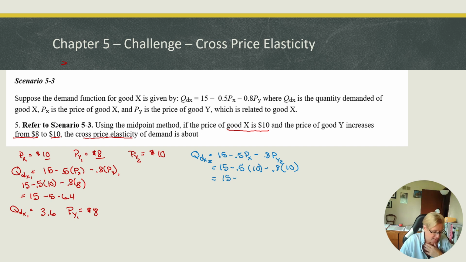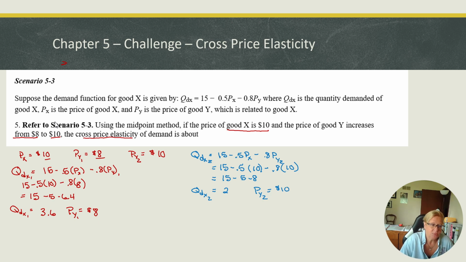Half of 10 is 5, and 0.8 times 10 is 8. So the quantity demanded of X2 is going to be 2, and that was at a price of good Y2, which is $10, given in the problem.